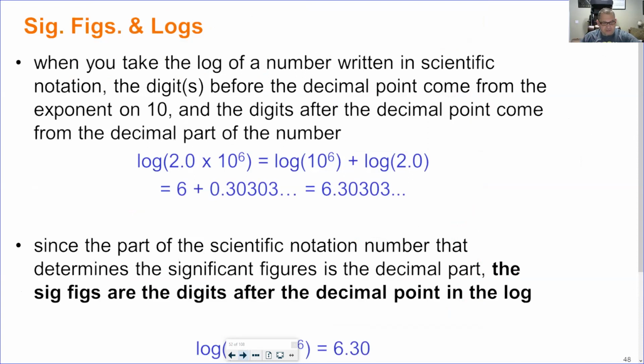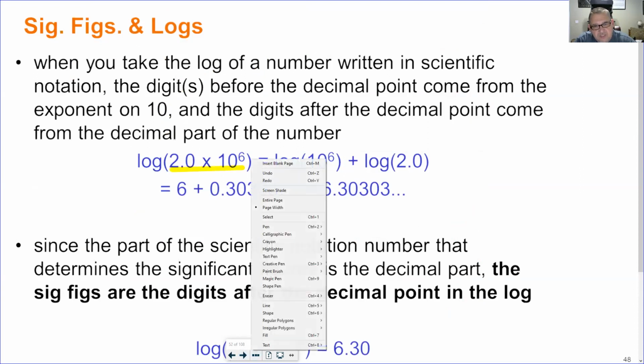Now, when we start taking logs of materials, we have to be aware of how to do the calculations for logs. If we're doing log base 10, we can break that up and look at the parts to the calculation. So let's say I had the number 2.0 times 10 to the minus 6.